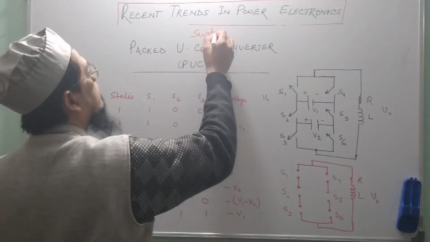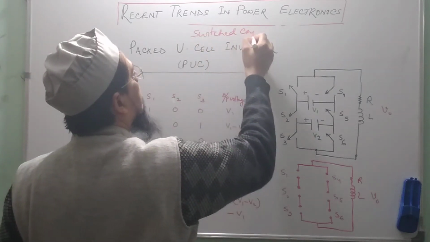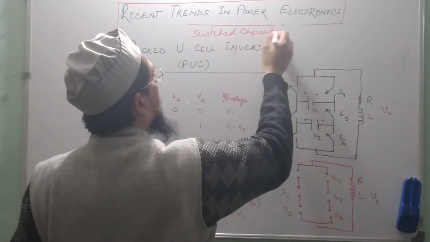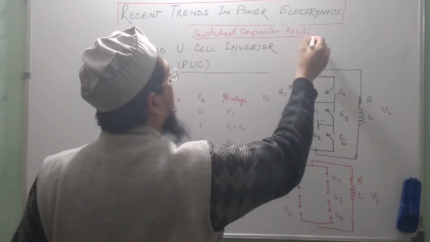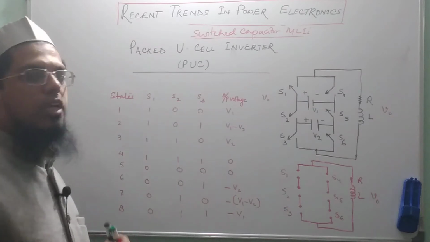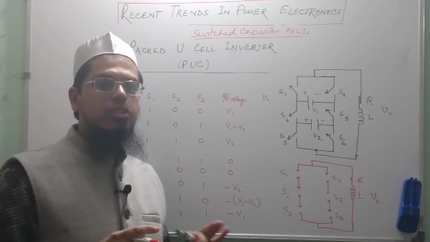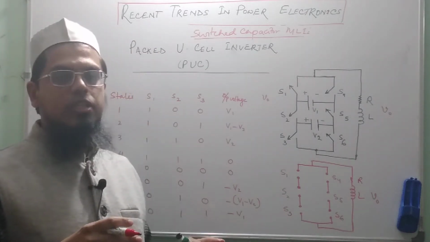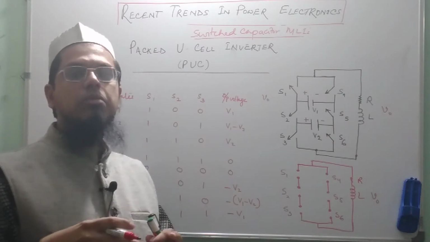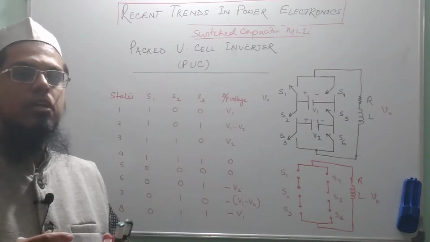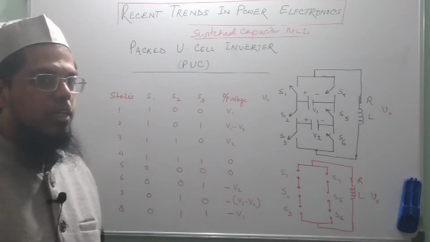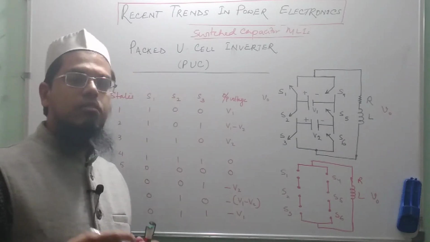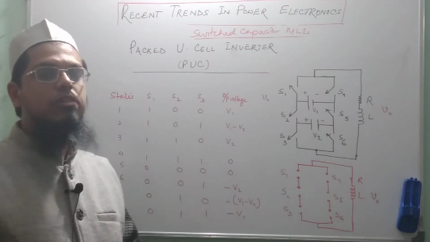As the name suggests, the capacitors in these multi-level inverter topologies are switched, that is, they are sometimes connected to the circuit and sometimes cut off from the circuit, thereby creating a number of levels at the output voltage.